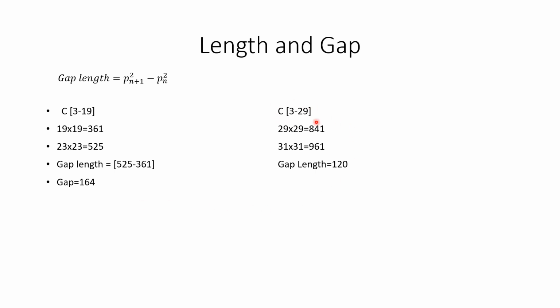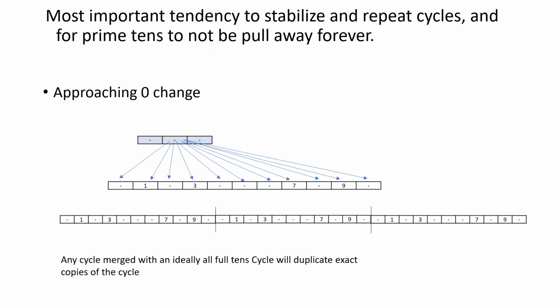And here we have the same thing with the cycle of 3 through 29, subtracting 841 from 961, which gives 120. For the cycle of a single prime number, you're going to have only 4 tens, 4 boxes that will contain a number.